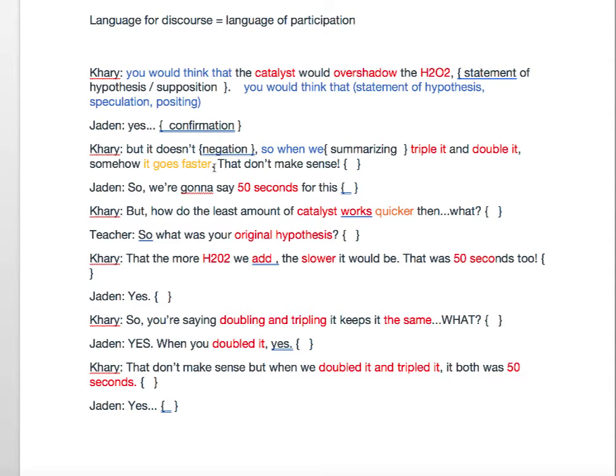And another thing that goes on in this line. So when we triple it and double it, somehow it goes faster. We also have a statement of cause and effect, which was contingent on the first proposition.